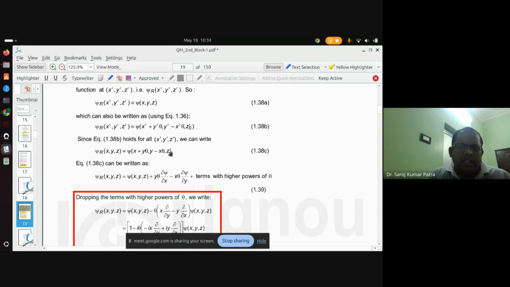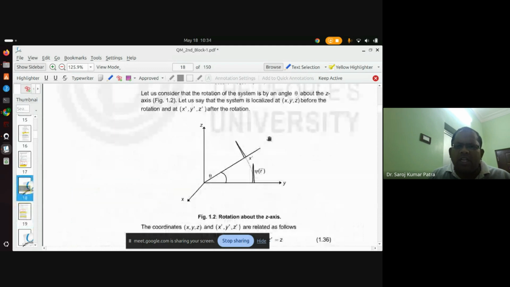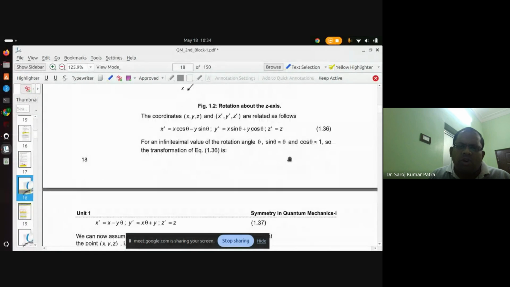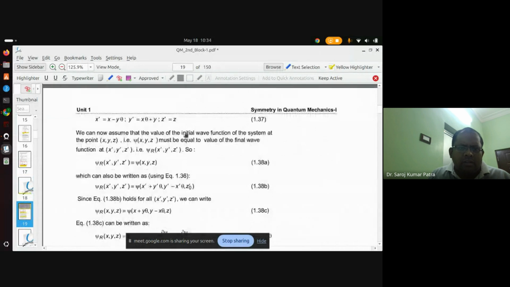We are doing very simple mathematics. Let me make it very clear: if there is a transformation, we can write such equations using the Euler matrix, and if theta is small, it gets converted to this one. Then the wave function has to follow invariance. So that is the symmetry requirement, that psi r of x prime, y prime, z prime must be equal to psi of x, y, z.